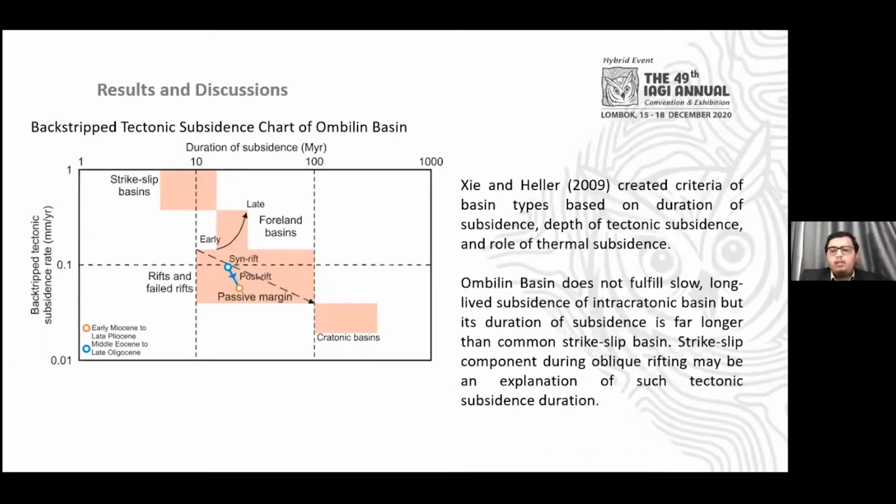However, as we consider another classification, in this case Xie and Heller, Ombilin Basin does not show the slow, long-lived subsidence of a rift basin as stated by Xie and Heller, but its duration of subsidence is far longer than the common strike-slip basin. So Ombilin Basin is actually lying between the rift basin type and the strike-slip basin type. And we will use paleostructural reconstruction to address this issue.